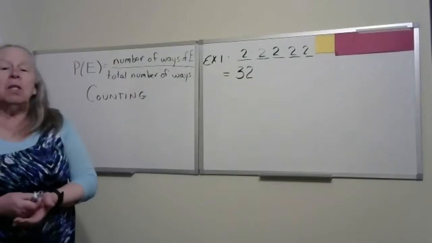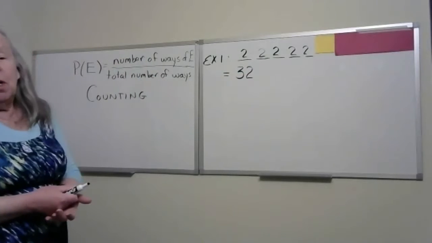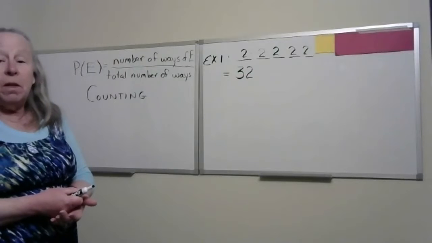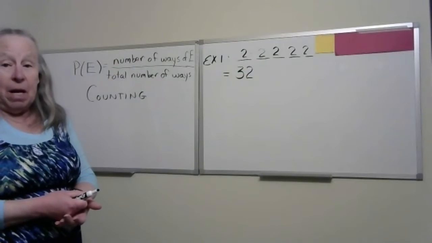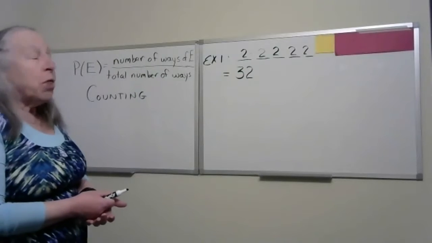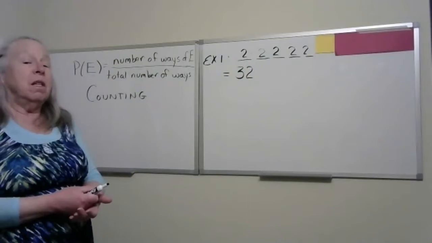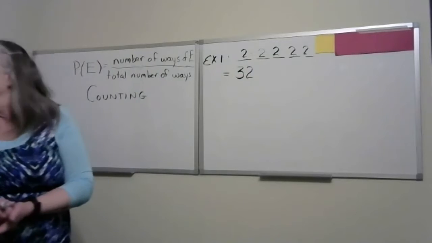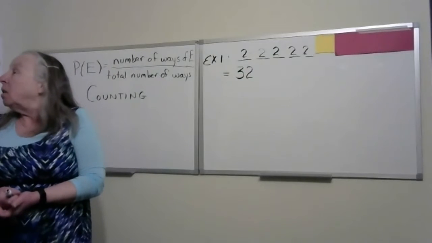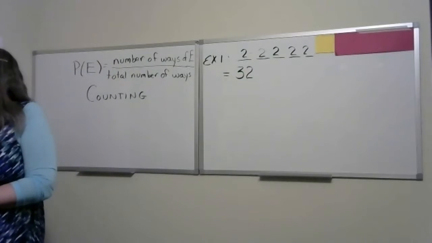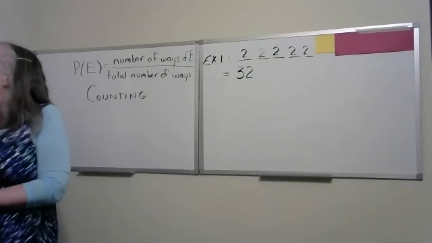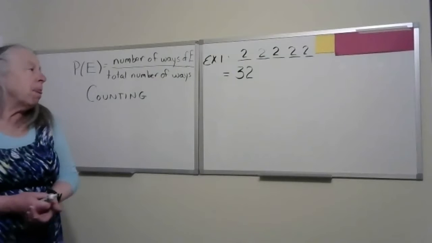So in each of these problems, the first thing we're looking to do is to find what's going to be in the denominator. So 32 is going to be in the denominator of each of these probabilities. So what is the probability that the coin will land tails exactly 3 times?